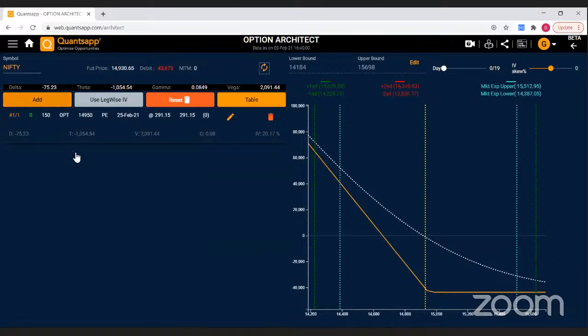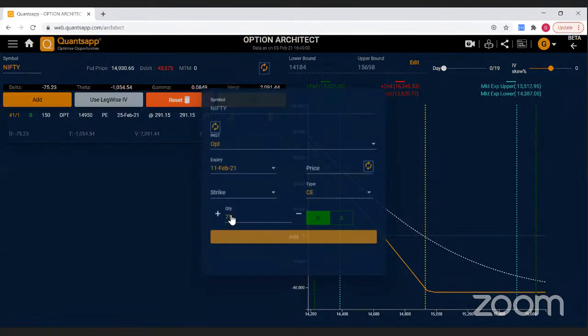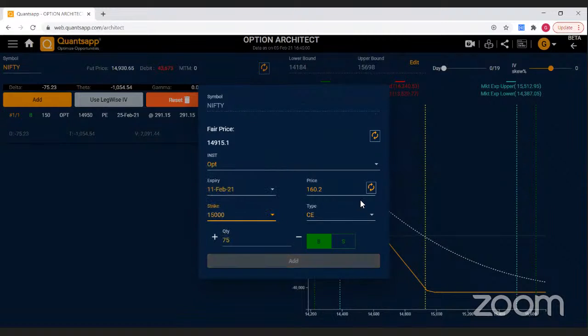So what you're doing, you're buying 15,000 PE for the expiry and selling 15,000 PE in the near expiry.